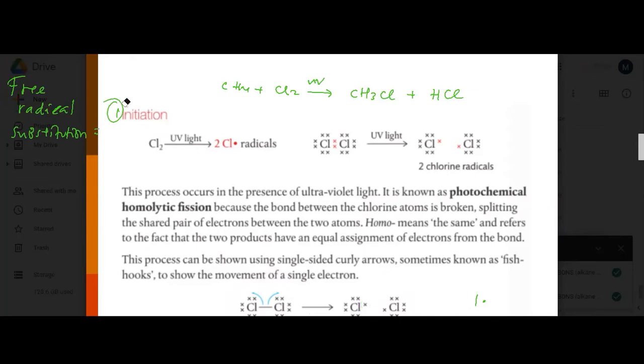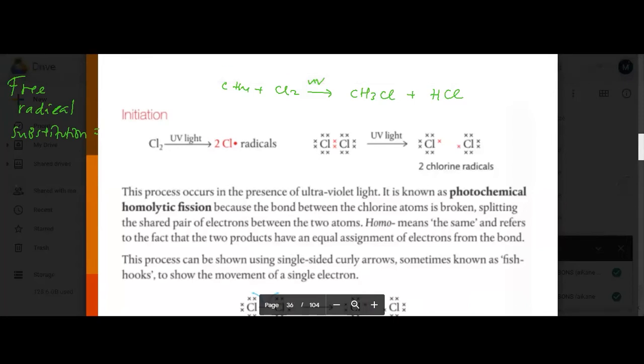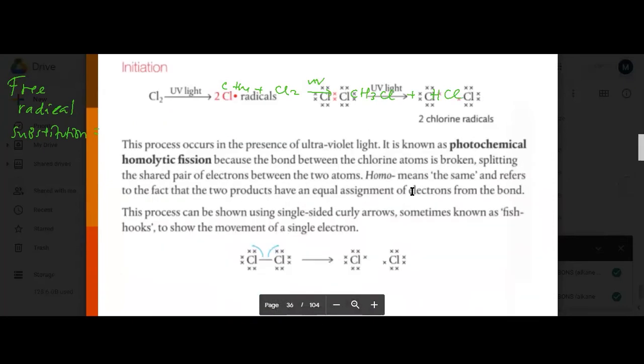Okay, what happens after we have the free radicals? The free radical is a very reactive species, even though it is neutral, since it has an unpaired electron. It will try to find its pair.